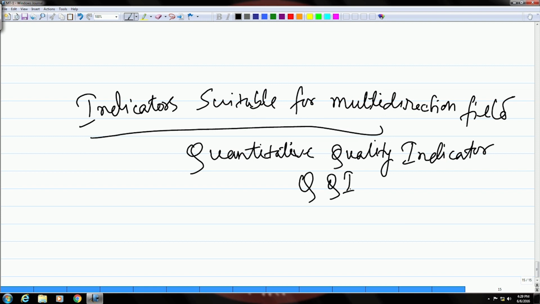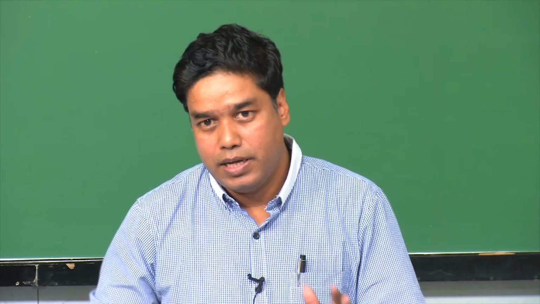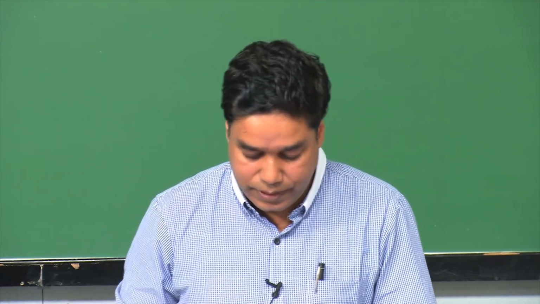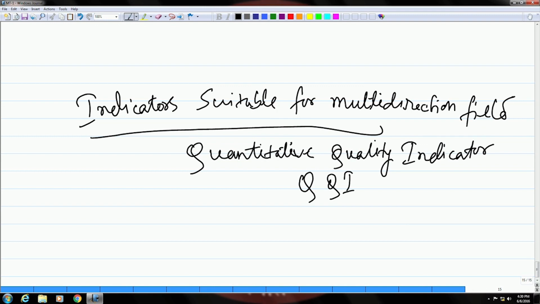Okay. So, that means in this case you need some feature on the indicator which can indicate the direction of the field in different directions. Okay. So, that means you need to emboss some kind of pattern on the indicator in order to do that.